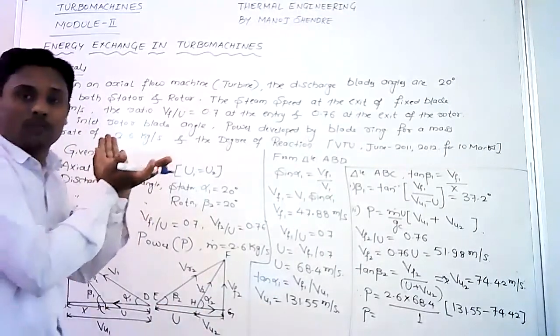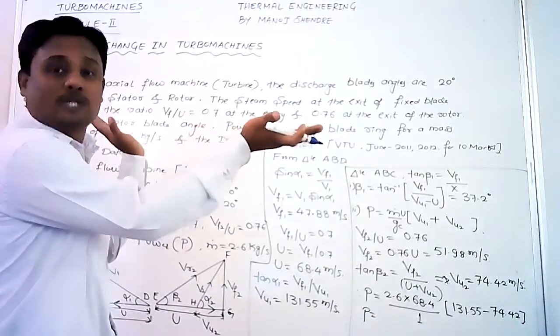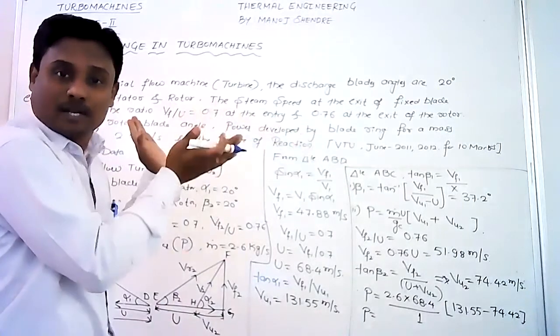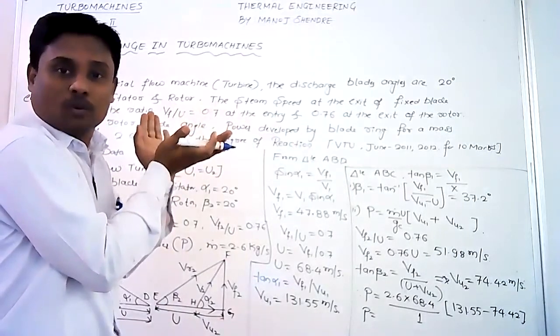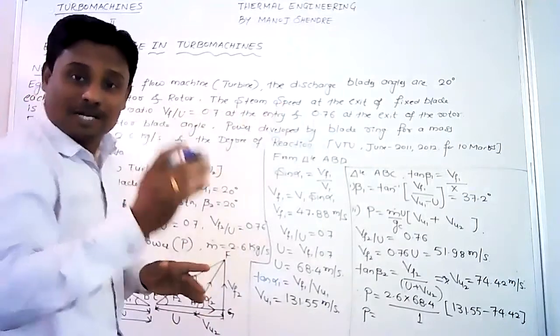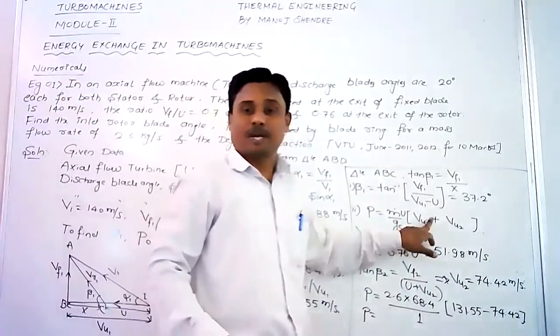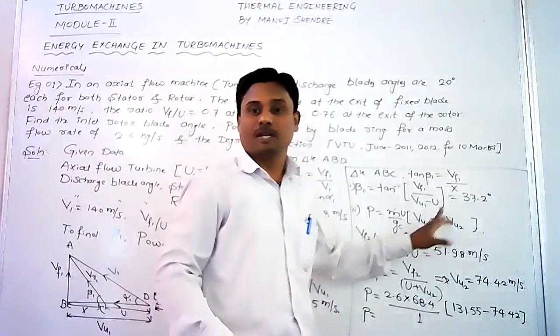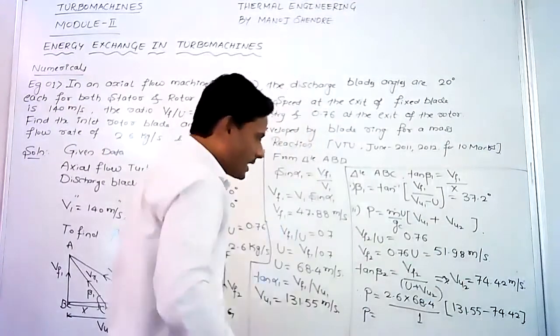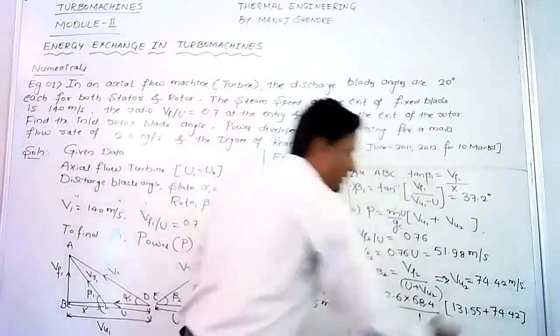So the directions of Vu1 and Vu2 are opposite to each other. That's why we have to take the positive sign here, that is Vu1 plus Vu2. Please remember this.